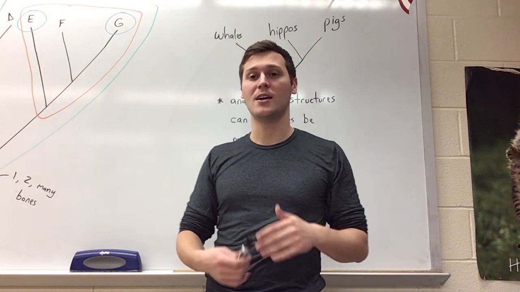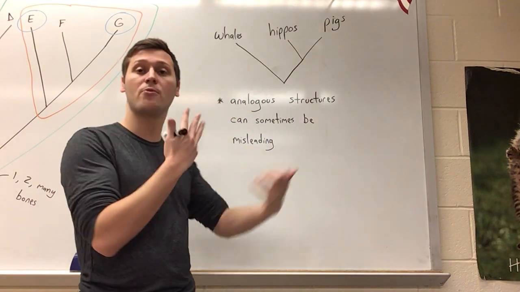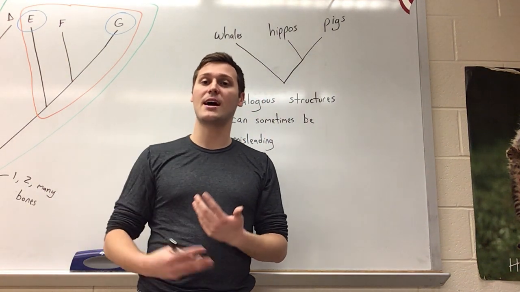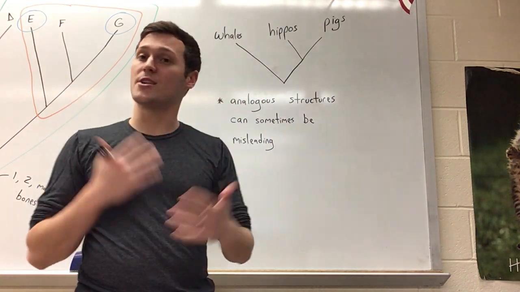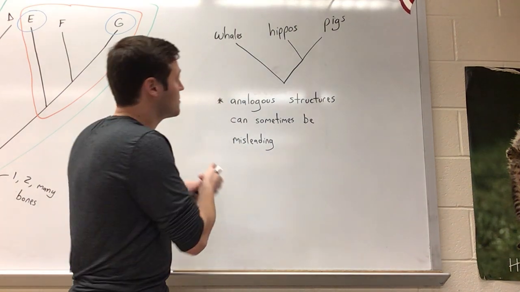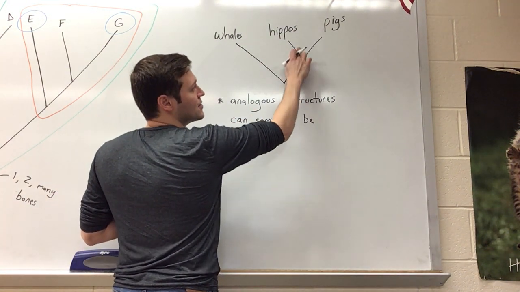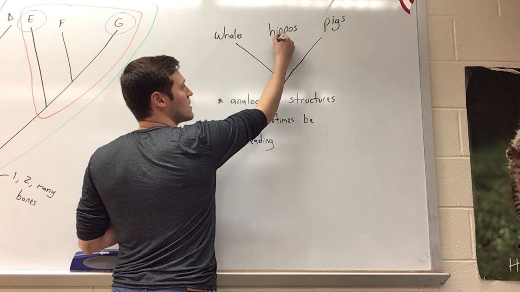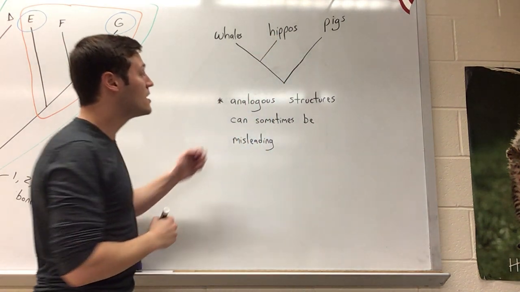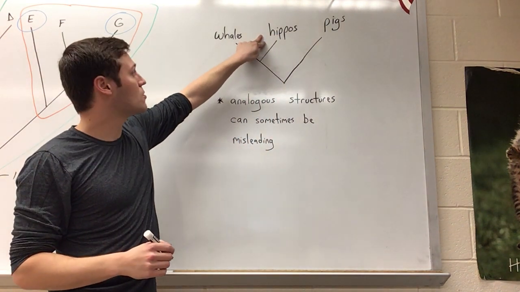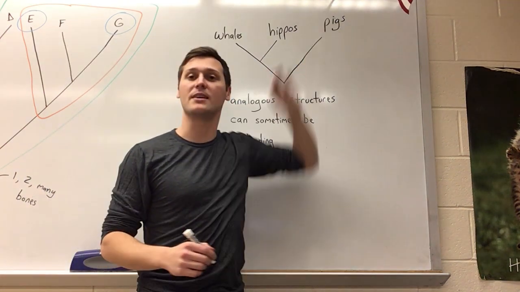But that was based on morphological evidence, and it turns out after looking at genetic evidence that in reality, the tree looks more like this. So hippos are actually more closely related to whales than they are to pigs.